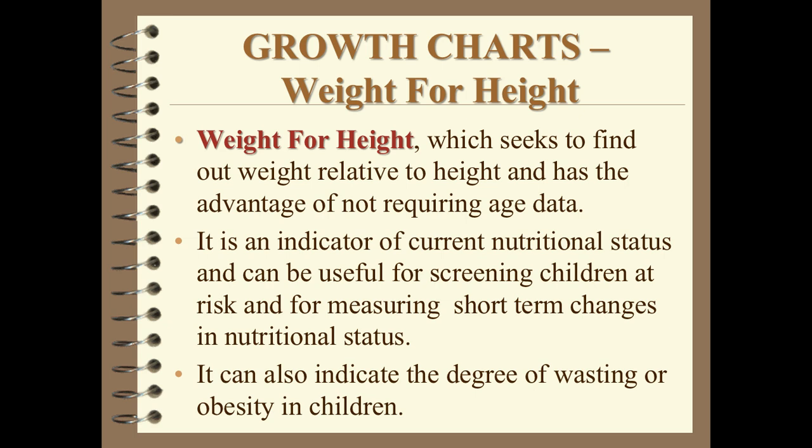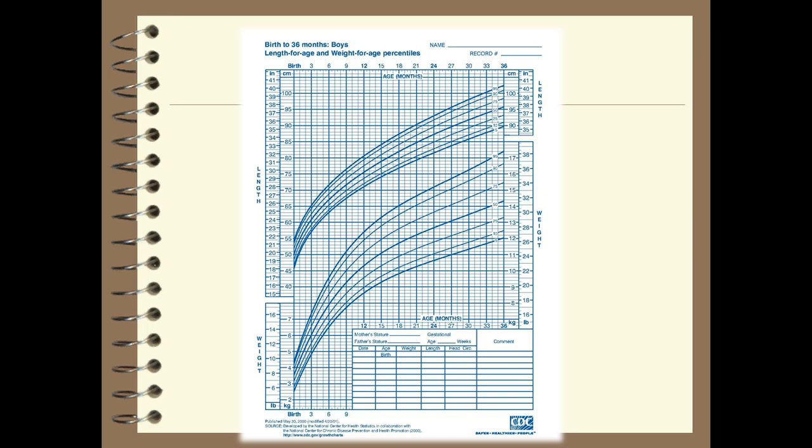Weight for height is like their BMI chart, and this can indicate the current nutritional status, and it can be useful for screening children at risk and for measuring short-term changes in the child's nutritional status. It can also indicate if there is wasting going on or obesity.